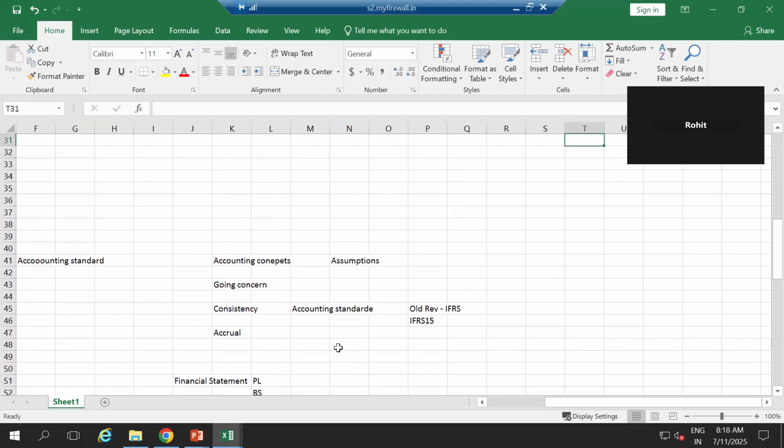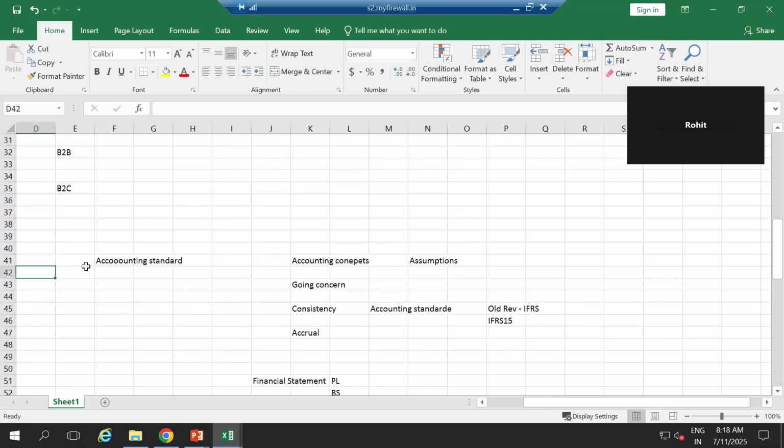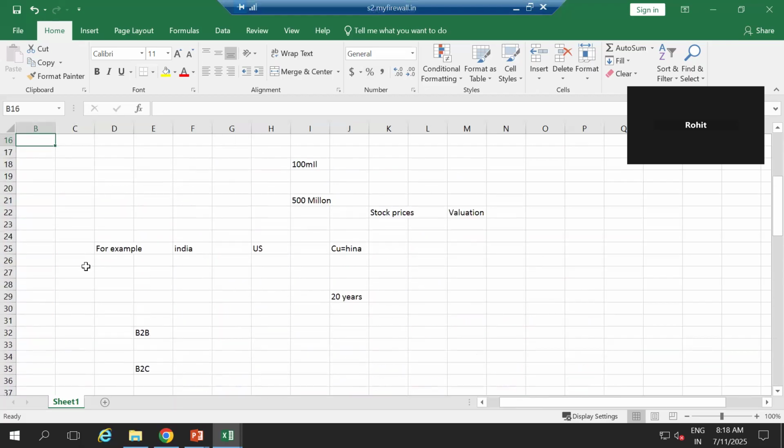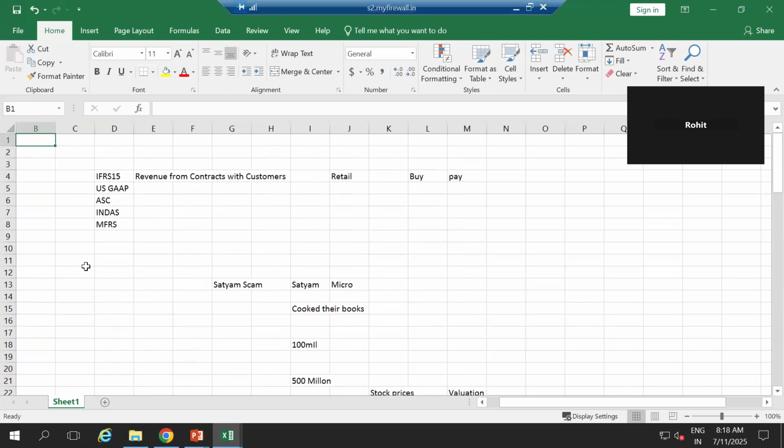You should have revenue from contracts with customers. If you don't have revenue, if you don't have a customer, I cannot apply IFRS 15. Right or not? Yes. So in this case, I cannot apply IFRS 15.